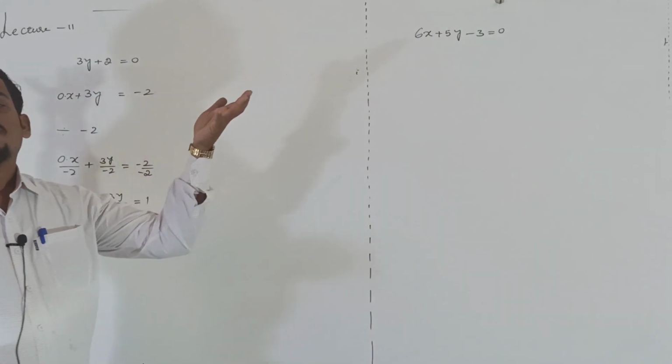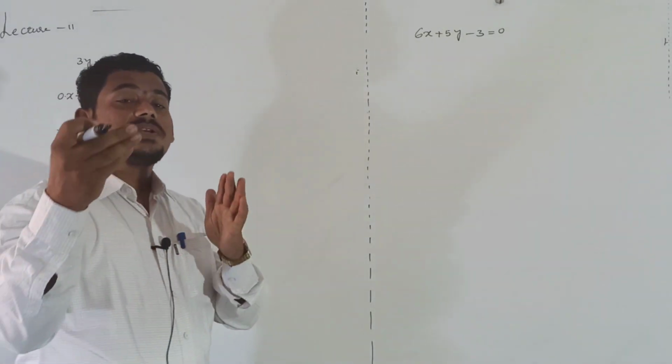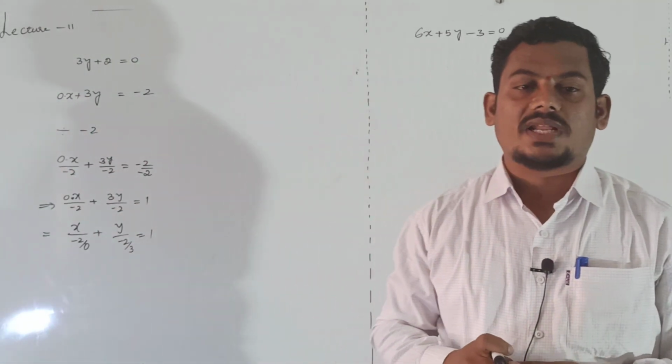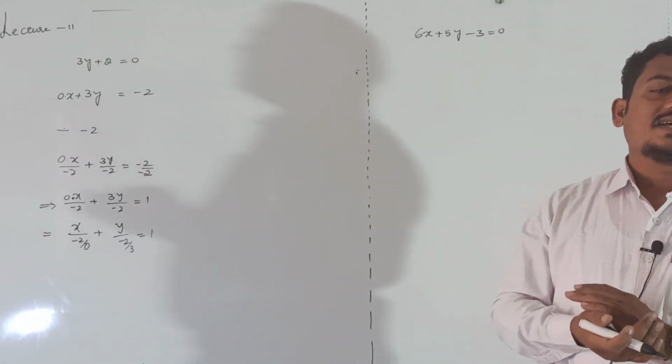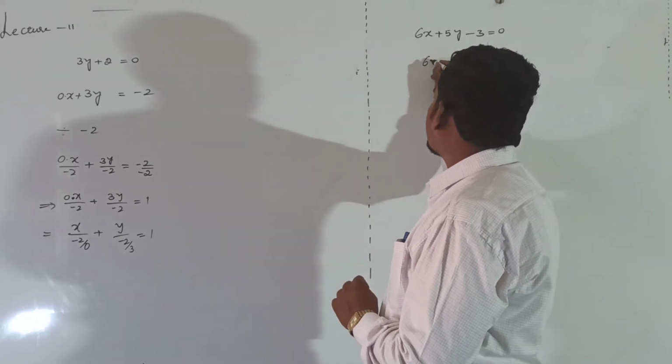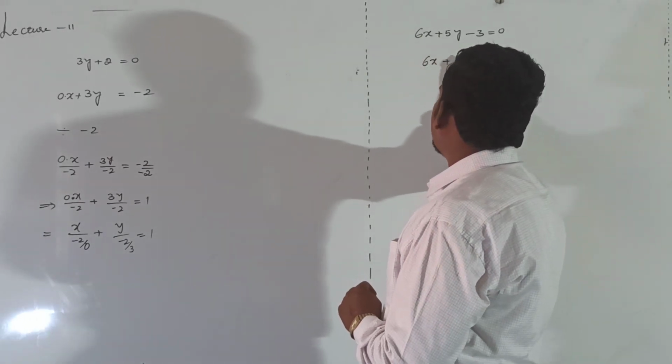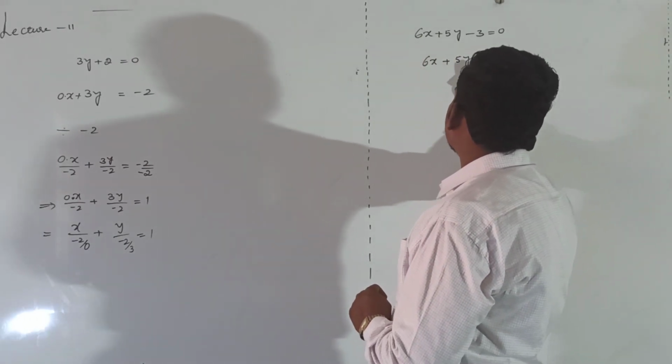Reduce this equation into intercept form. Intercept form means x/a + y/b = 1. For that what we do? Send the constant term to RHS. 6x + 5y = 3.